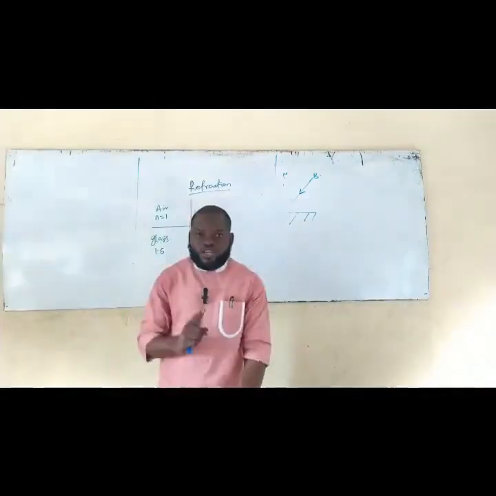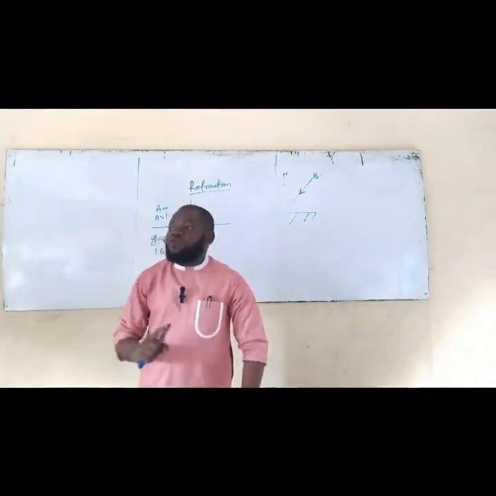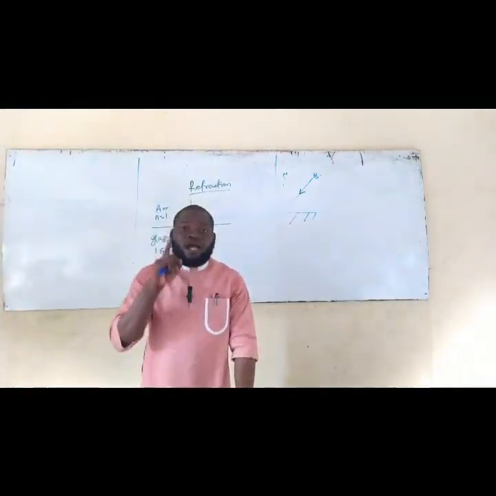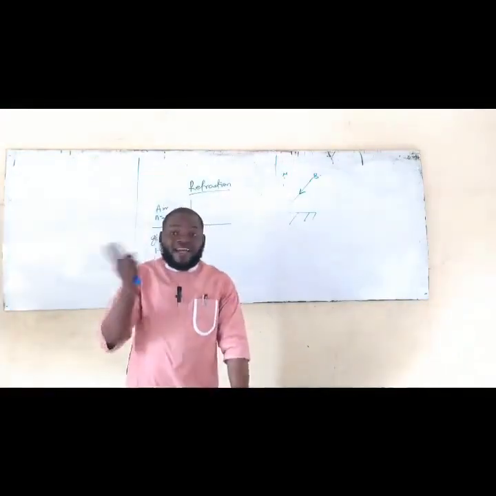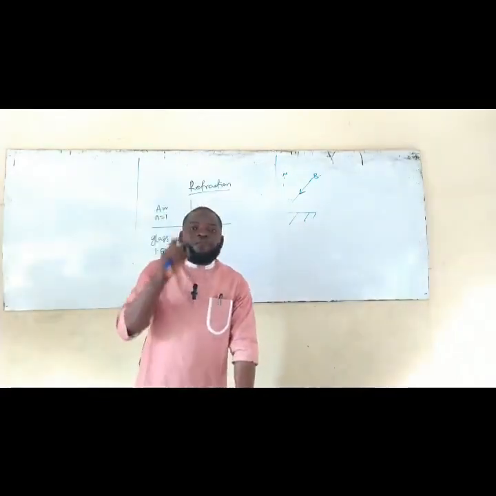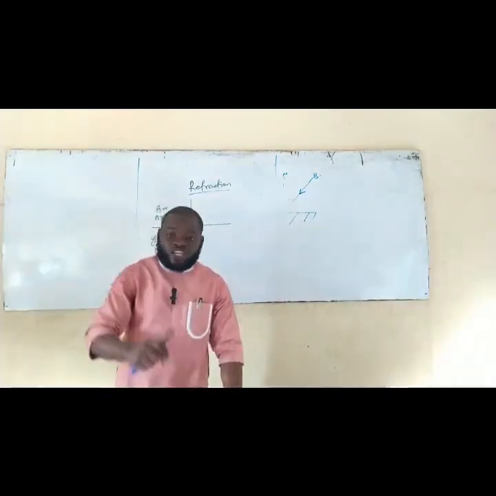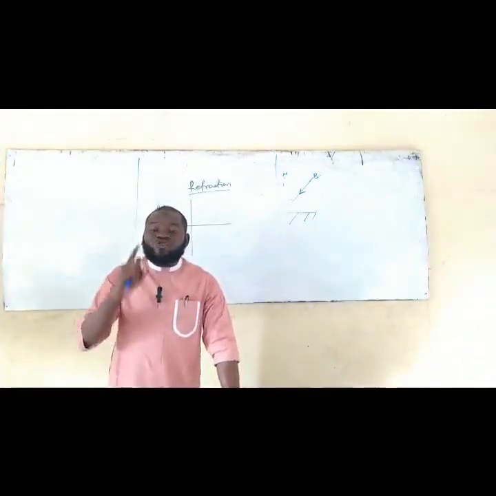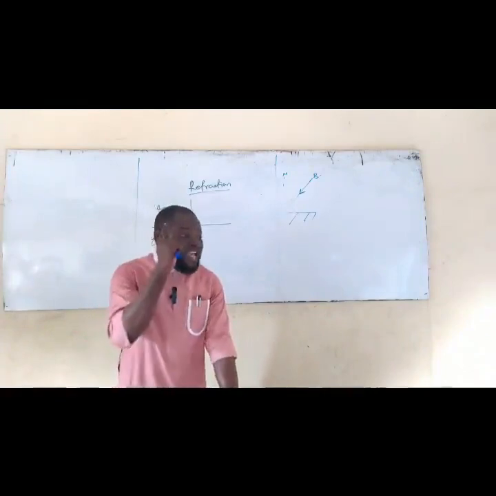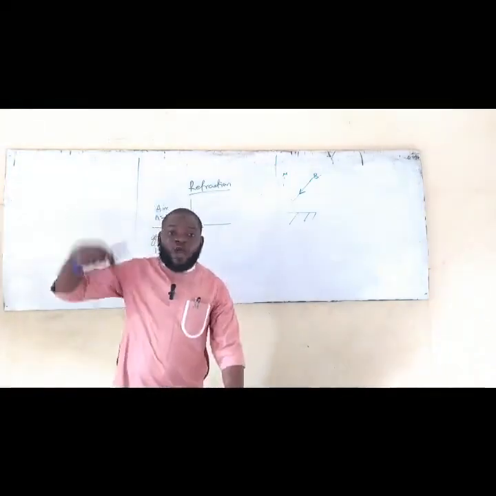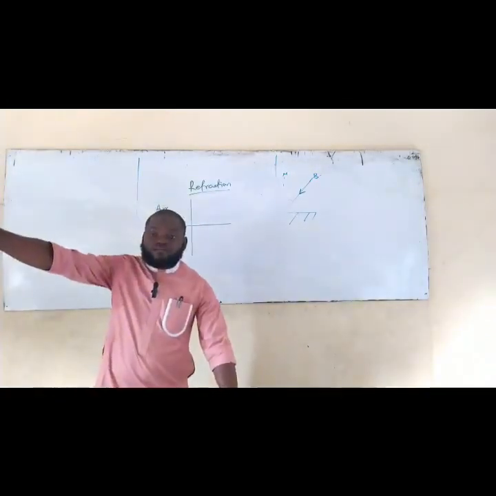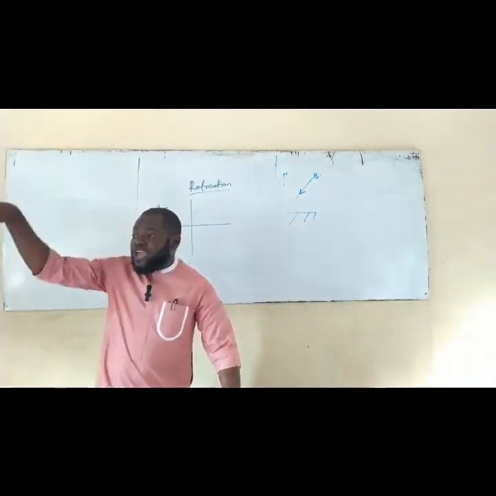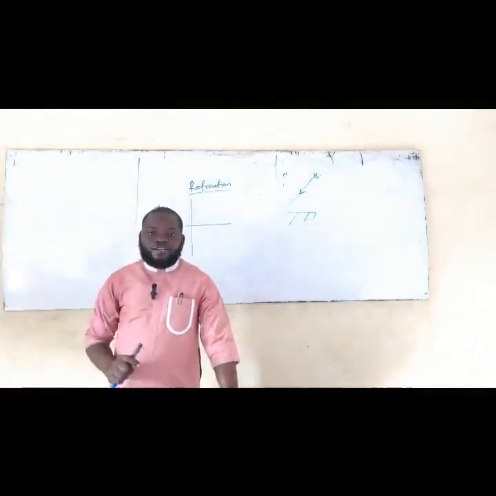But every other thing is likely to change. When I say likely to change, they might change, they might not. But one thing is very certain to change, and that is the speed. That one is very certain. What is under probability, that it might change or not, is the direction. Because for the direction to change, it depends on the angle at which the wave enters into another medium.